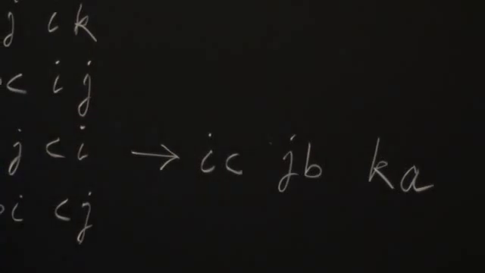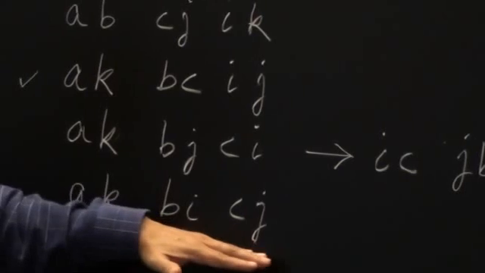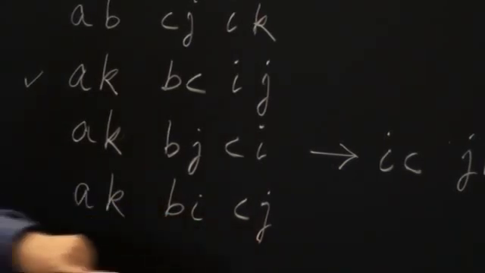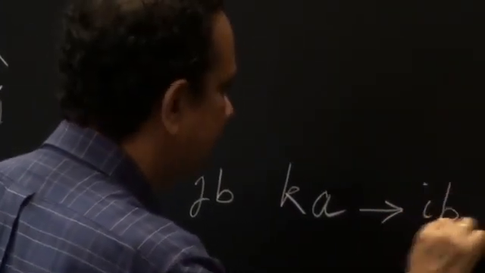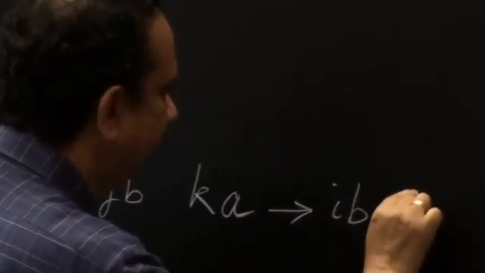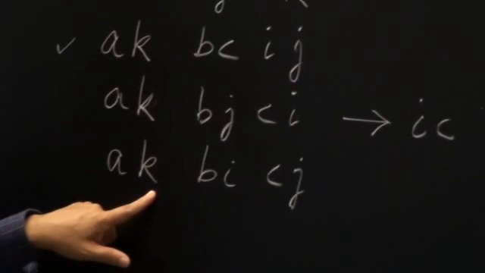Okay. Now, this is almost quite close to this, and you have to notice that the whole thing is also symmetric under BC, because I can reverse B and C. So this could also be written as IB, JC, AK, and we have a IB, JC, AK here.